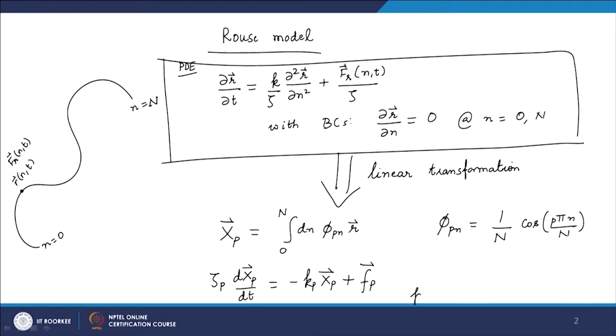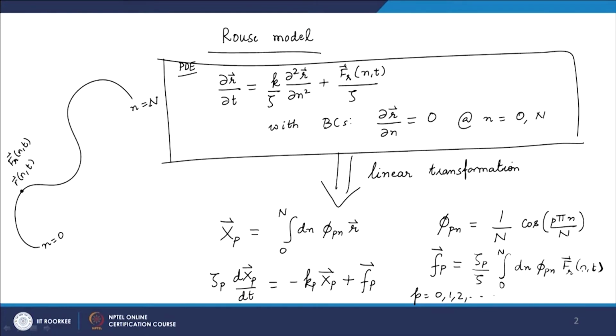So, this ODE is for p equal to 0, 1, 2 and so on, and we have written f_p as zeta_p by zeta, integral 0 to N dn phi_p(n) f_r(n,t). Okay. So, that is where we are so far.